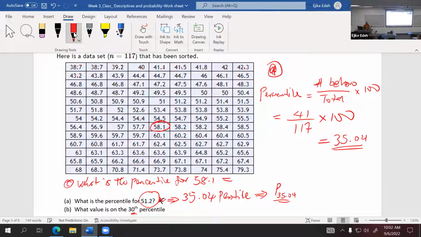Let's see if we can have many people having the same value. Again, you're counting the number below divided by total times 100.